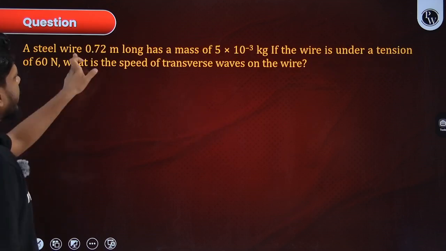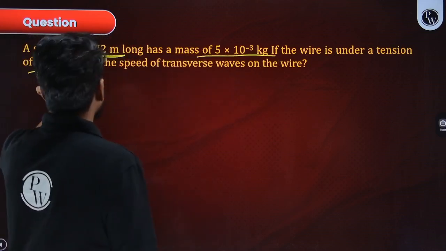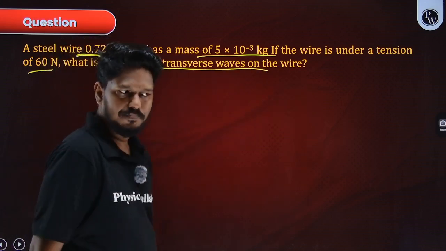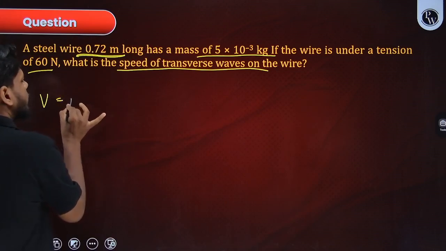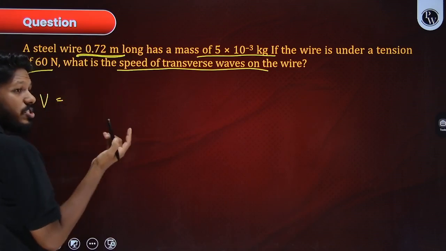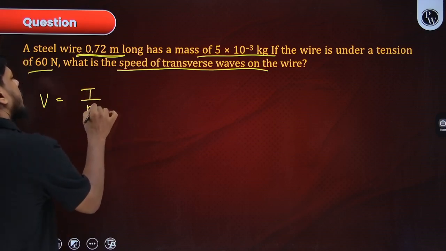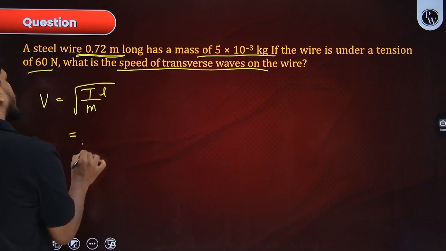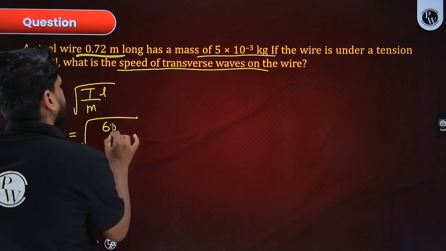A steel wire: length of the wire is given, mass of the wire is given, and tension is given. They are asking me to find the speed. So remember, we saw many formulas. Which formula is applicable over here? Tension is given, sir, right? So tension divided by mass into length, within root. Tension is 60.